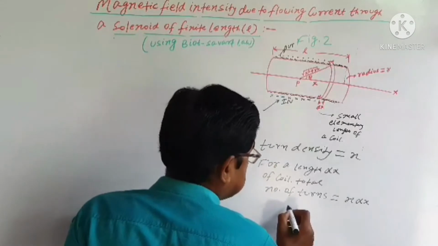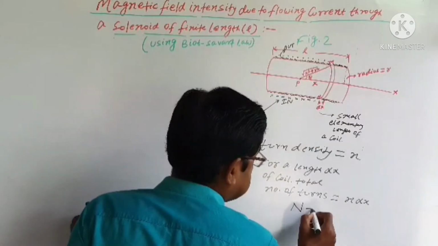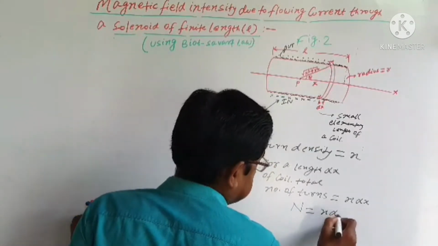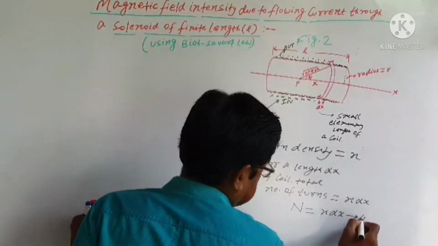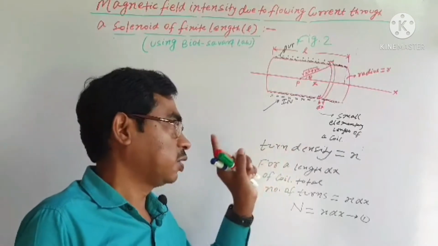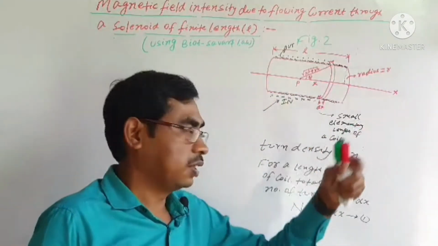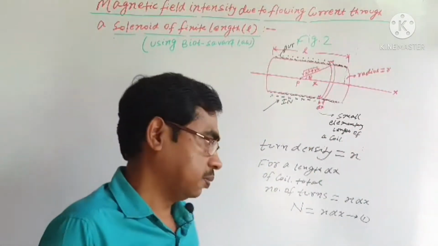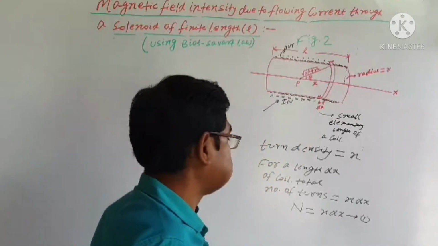Suppose this is denoted by capital N dx. Okay. And I ampere current is flowing through the entire circular coil.